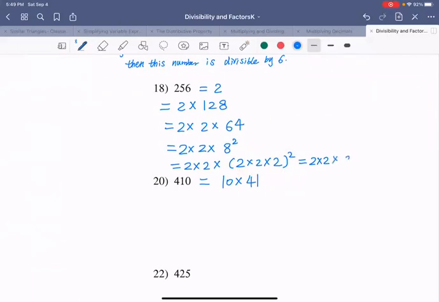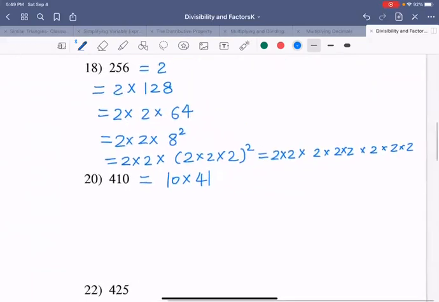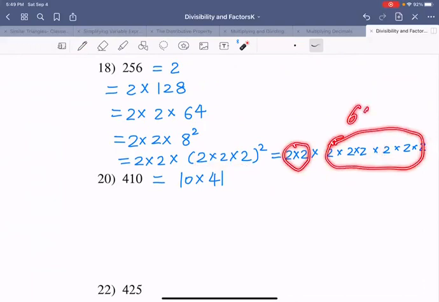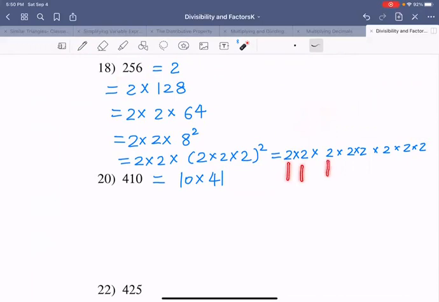This means you have 2 2 2, and then another 3 of 2. You see? This guy is 8. This guy is 8. And then 8 squared is 64. 64 times 4 equals 256. So how many 2s here? Let's count together. 8. 2 to the power of 8.